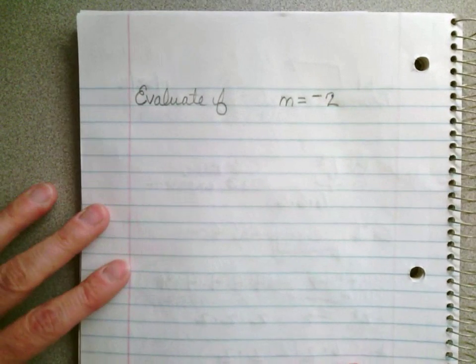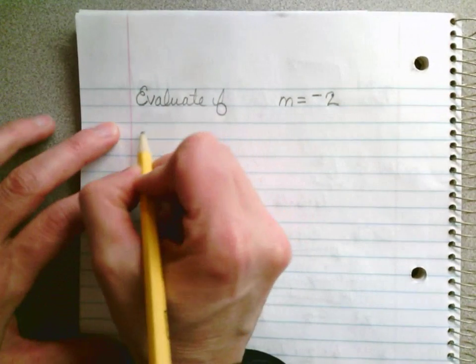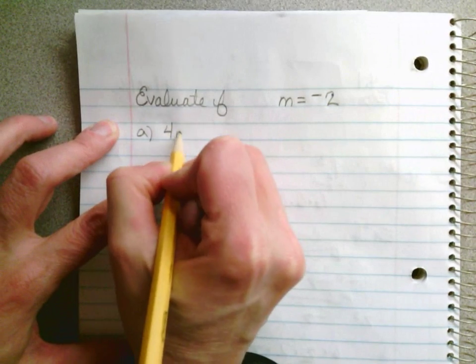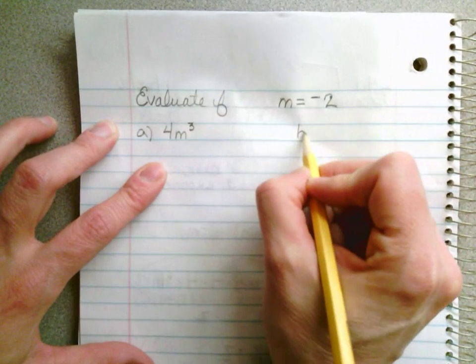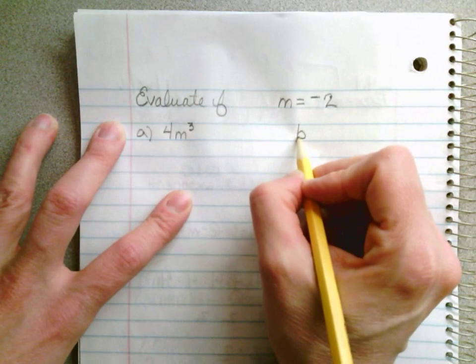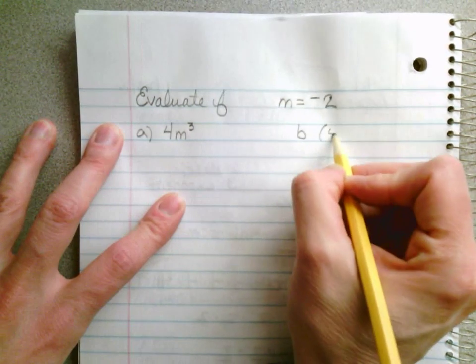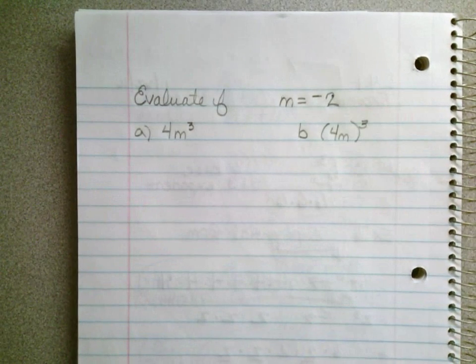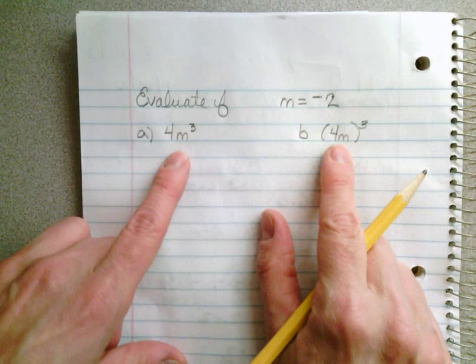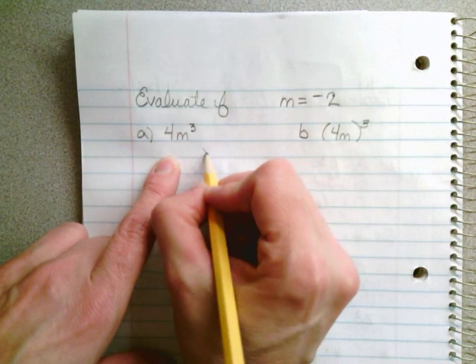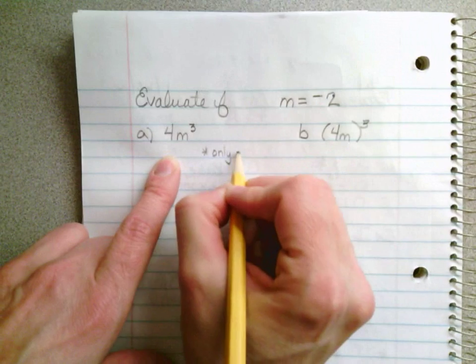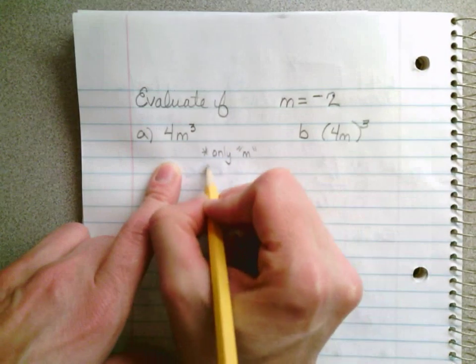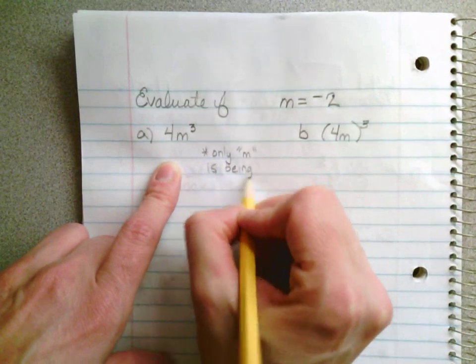Okay, what are we evaluating? Well, we're going to do the first one, which is 4m cubed, and the second one, which is the product of 4 and m raised to the 3rd power. These are two very different things, because for this one, only m is being cubed.